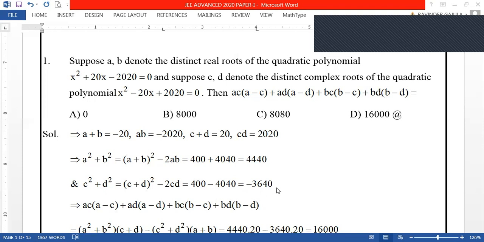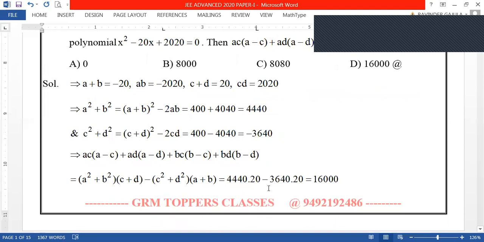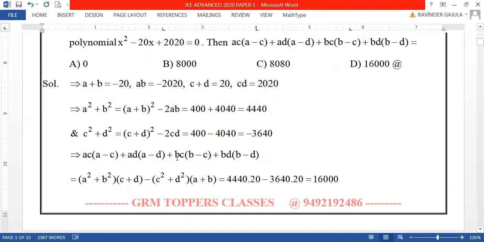Now dear friends, this AC(A minus C) plus AD(A minus D), BC(B minus C) plus BD(B minus D) can be taken as, here AC and A is A square C, here AD and A is A square D, so that this is A square (C plus D).